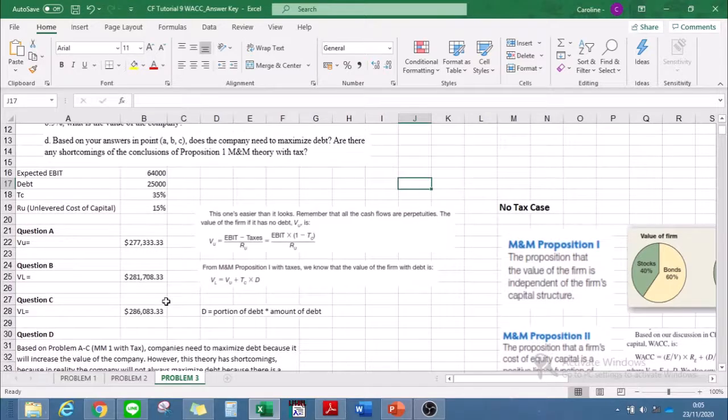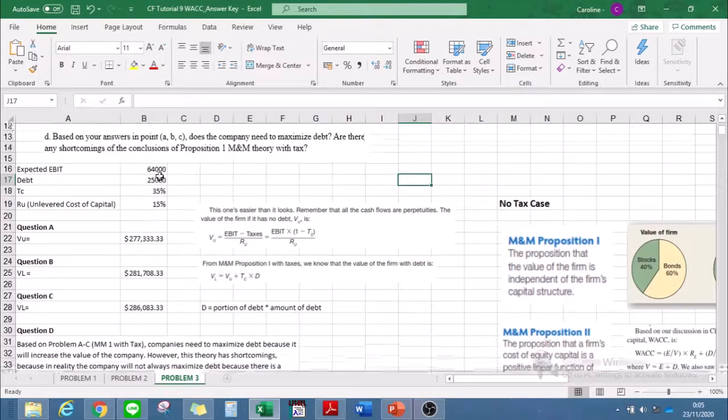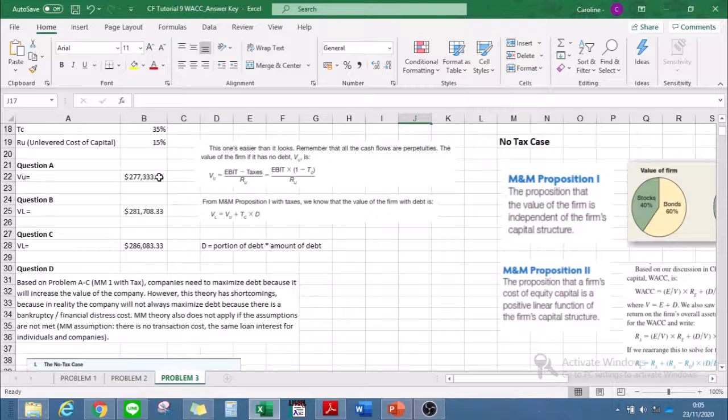However, like I've presented before, there are shortcomings of the conclusion of the Proposition 1 M&M theory with tax, because in reality, there is bankruptcy or financial distress cost, as well as the financial risk and the business risk too. So these assumptions are eliminated for the M&M Proposition 1.